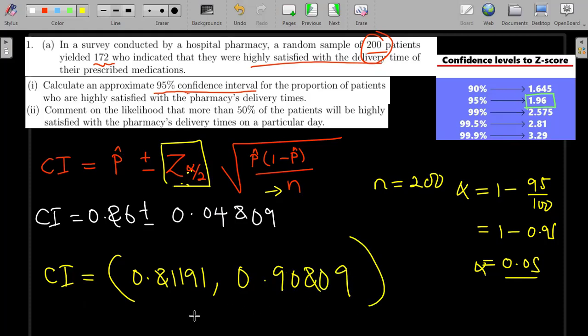So this is my confidence interval. You can round it off to 3 significant figures, then the confidence interval is equal to 0.8112, comma.